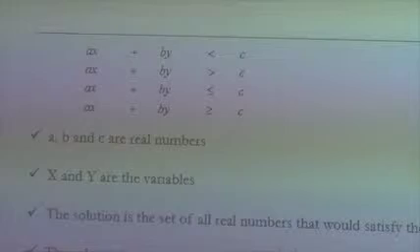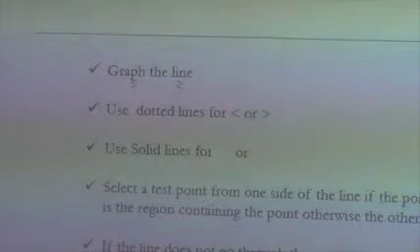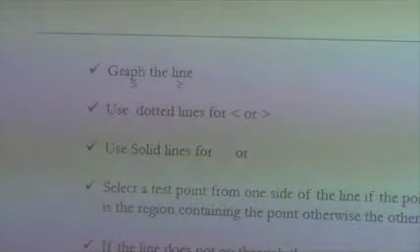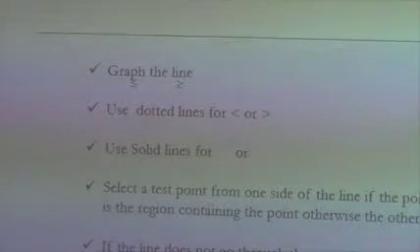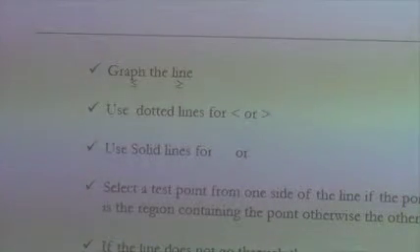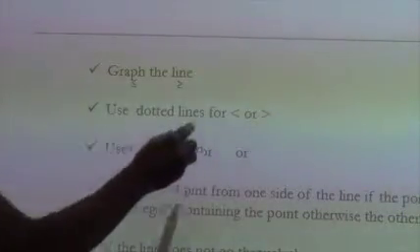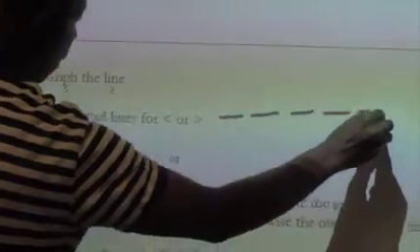Let's see how it works. The first thing we want to do is graph the boundary line. Once we graph the boundary line, we have to take into consideration that on one occasion we're going to have a boundary line that will be a dotted line. We have a dotted line when we have a situation of less than or just greater than.